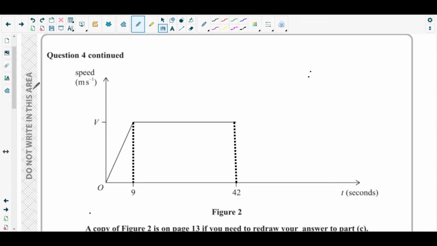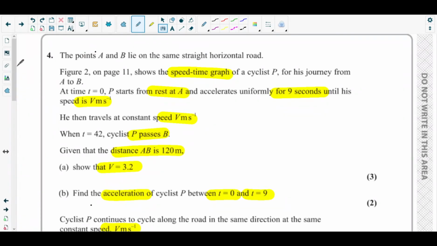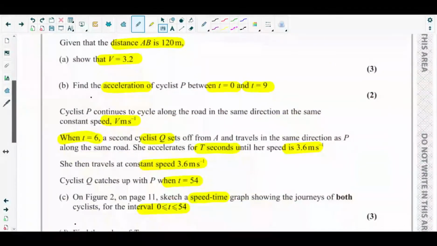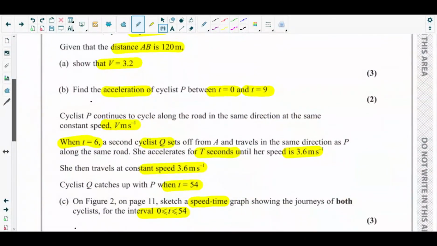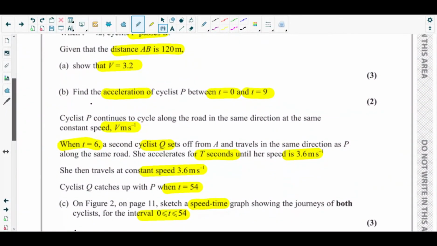We know that cyclist Q started from t equals 6, so it will start before 9. Cyclist Q accelerates for t seconds, we don't know the value for t, to reach a speed of 3.6 meter per second.